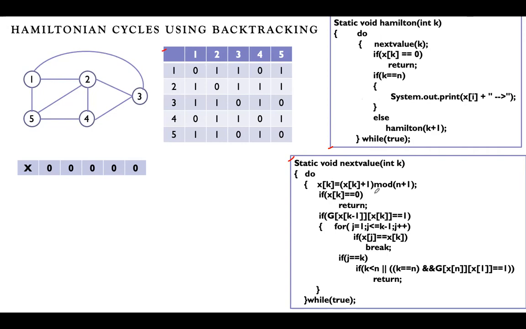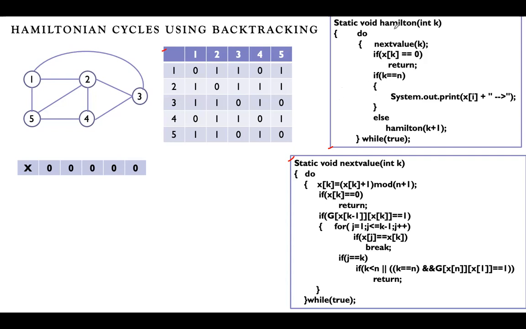In the exam, if they ask you to write the algorithm for Hamiltonian cycle using backtracking, you need to write this pseudo code itself. It's not exact code; one or two things are missing here. You can write it as pseudo code in the exam.